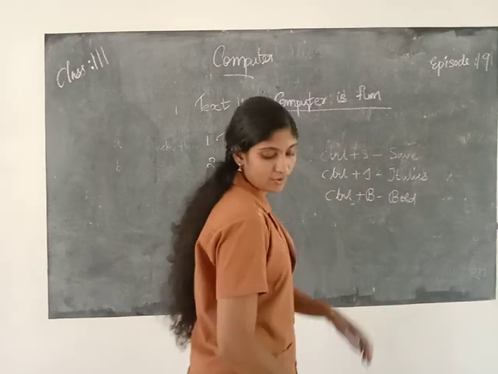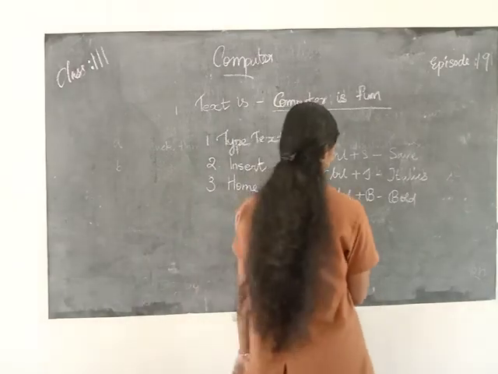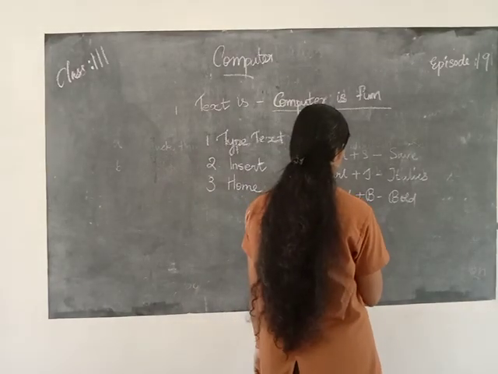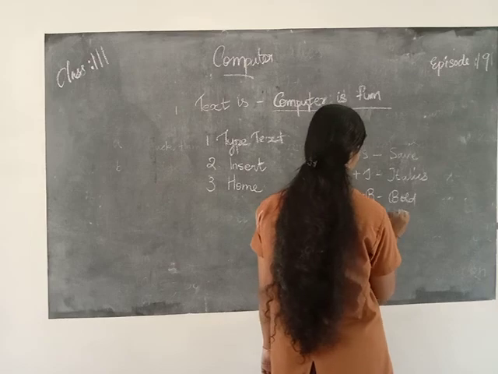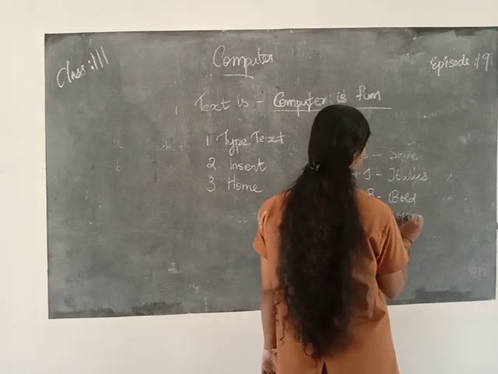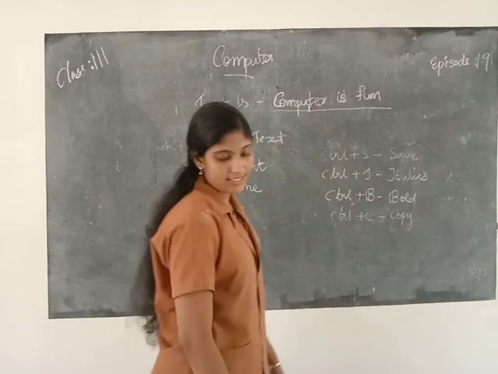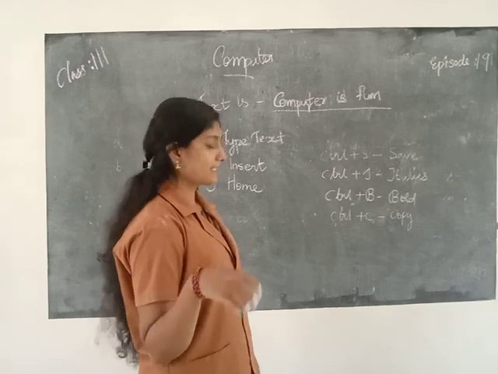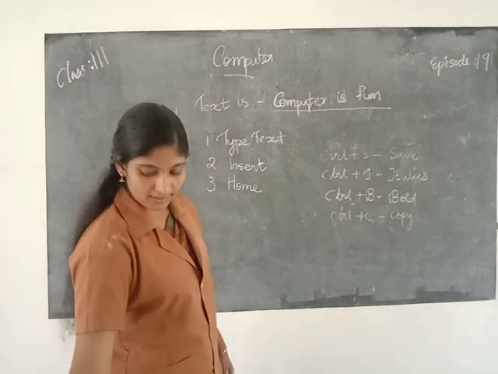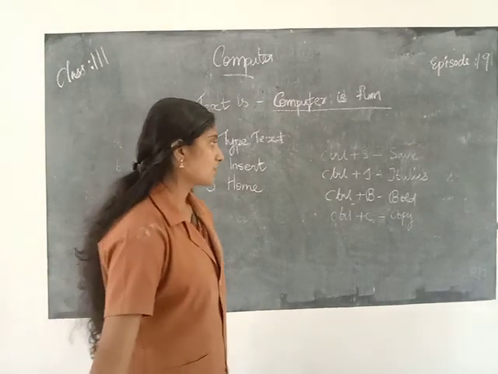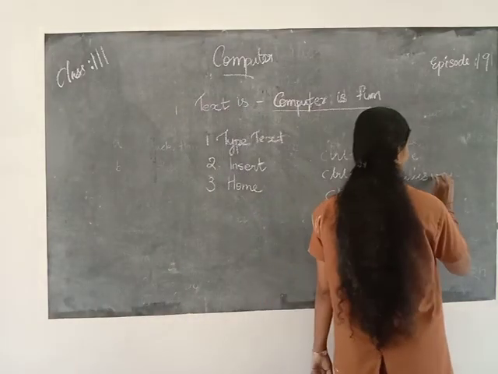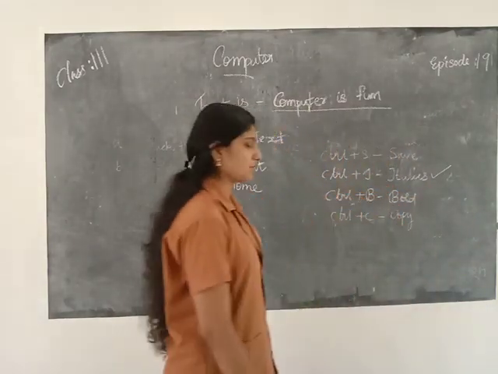Then next Control plus C, copy. So here the question is how to make text italic. Which shortcut key is used here? Control plus I. Yes, this is the correct one, Control plus I.